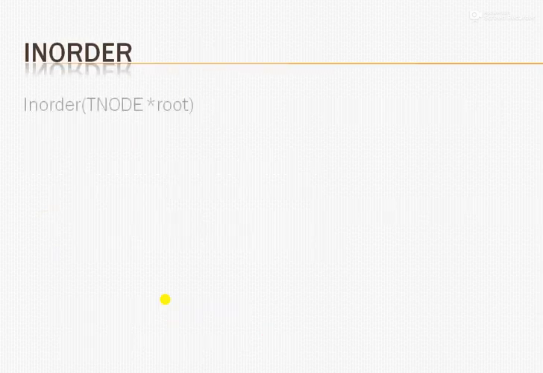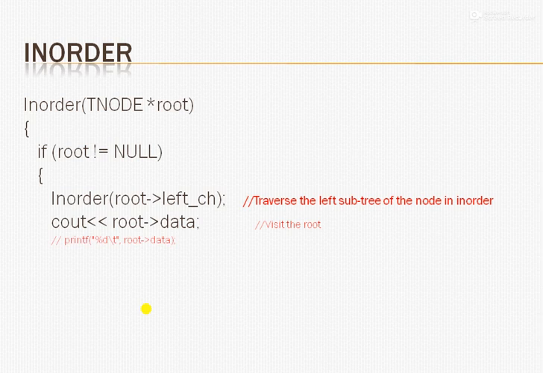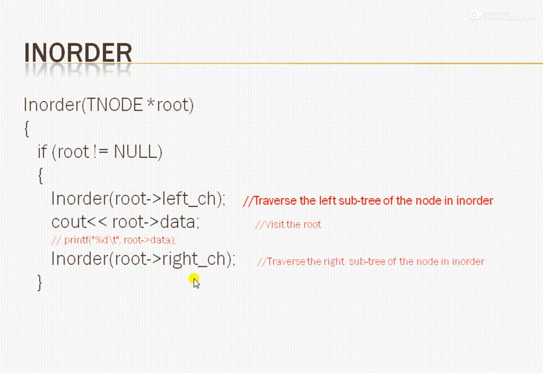For in-order, I am showing you from the implementation point of view a function written in C++, and the cout is also shown in printf format. Here you can observe I have a function called in order. This is the function name, and it takes a parameter, the structure, and we are passing the root to the function.